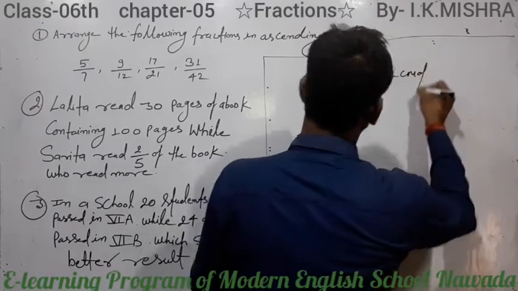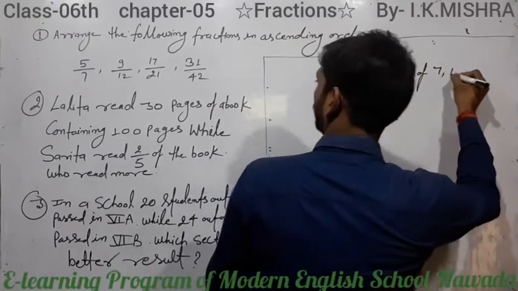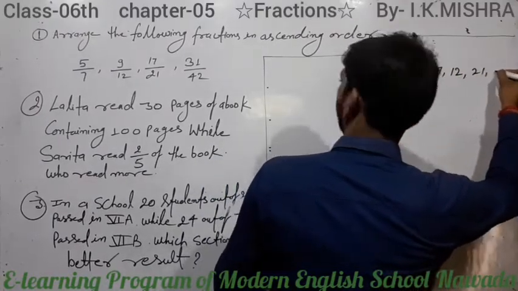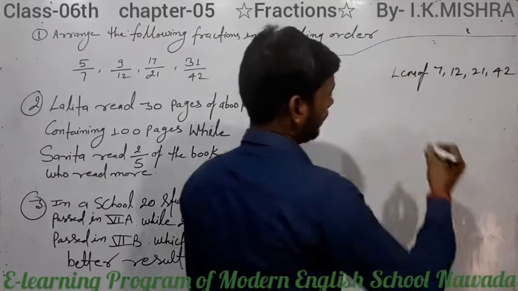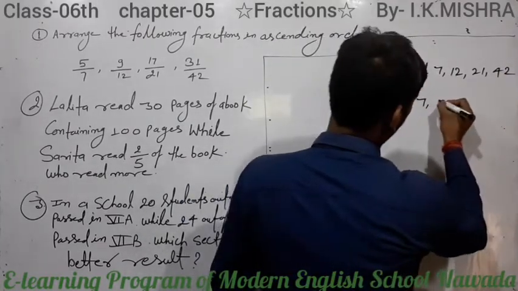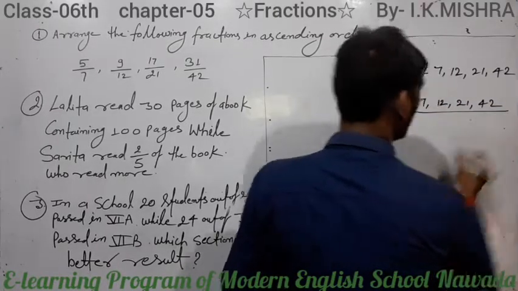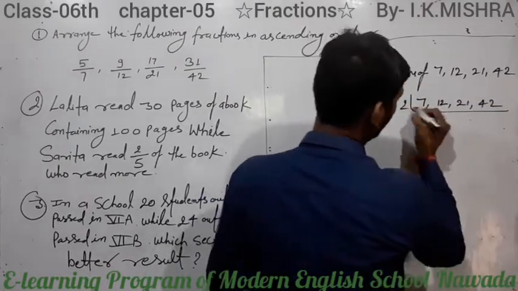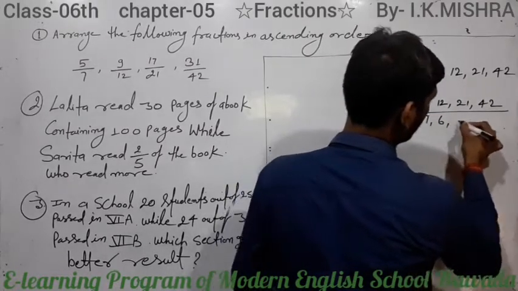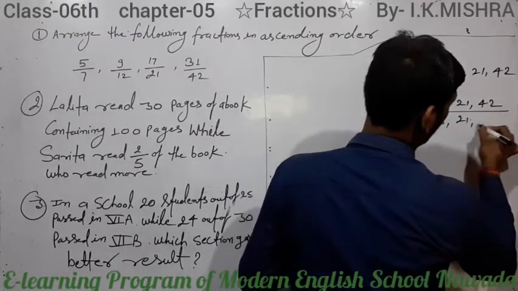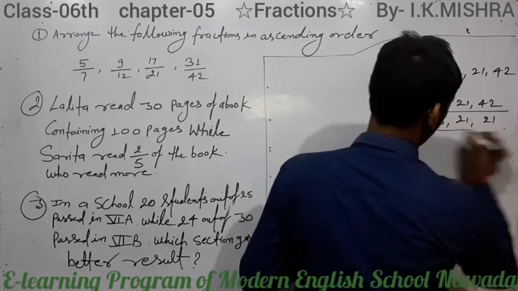LCM of 7, 12, 21 and 42. Here is the process: 7, 12, 21, 42. First of all divide by 2: 7, 6, 21, 21.